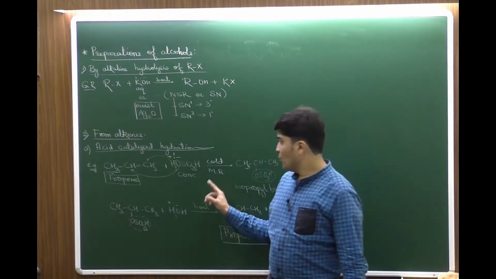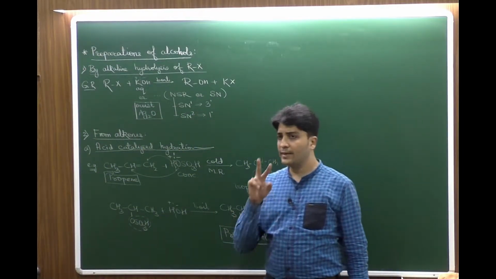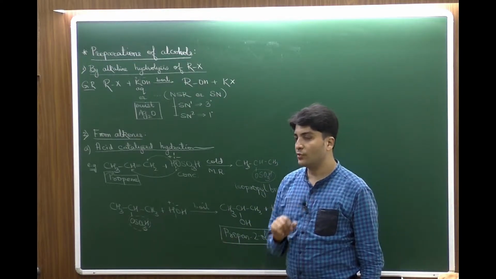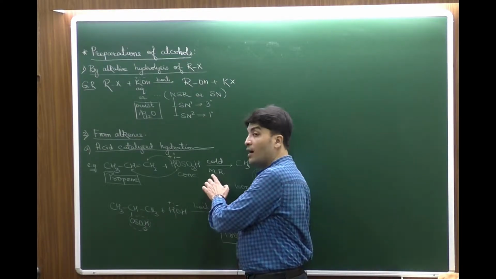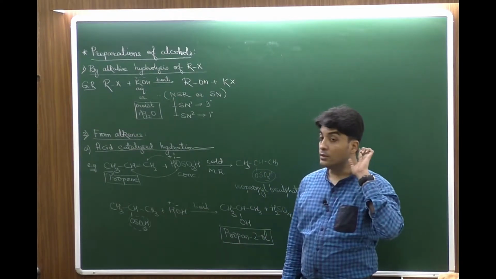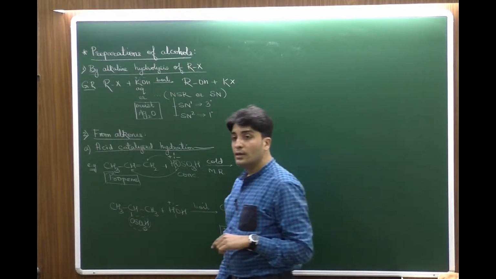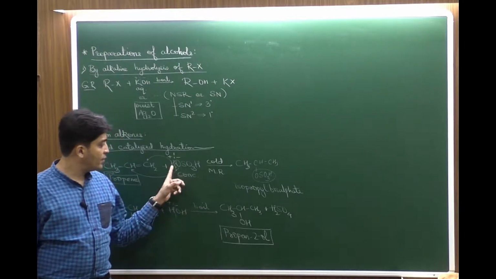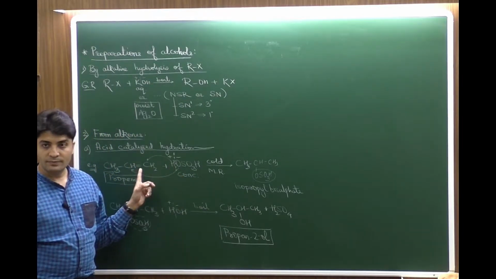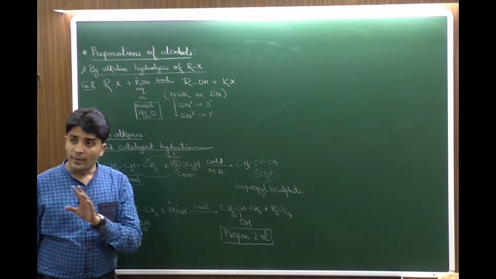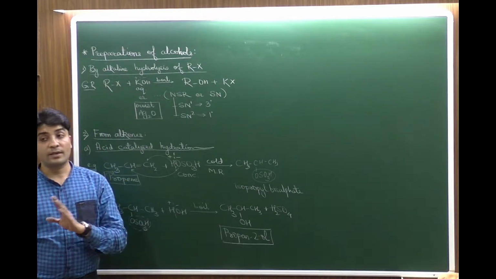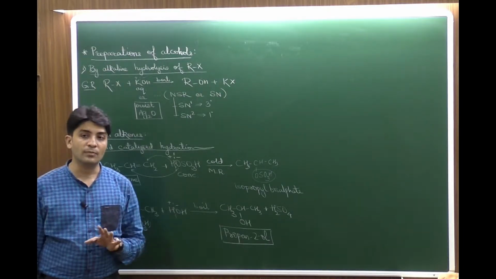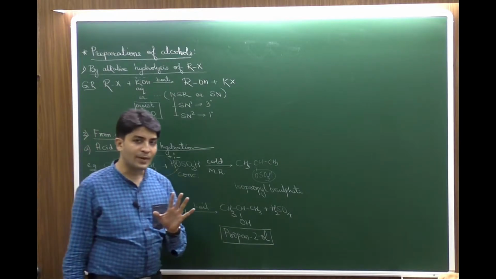Now, in the moment we see Markovnikov's rule, I had given two important statements for this. First, MR follows your mechanism, that is electrophilic addition reaction. Secondly, MR generally forms a secondary or a tertiary compound, but not a primary compound.